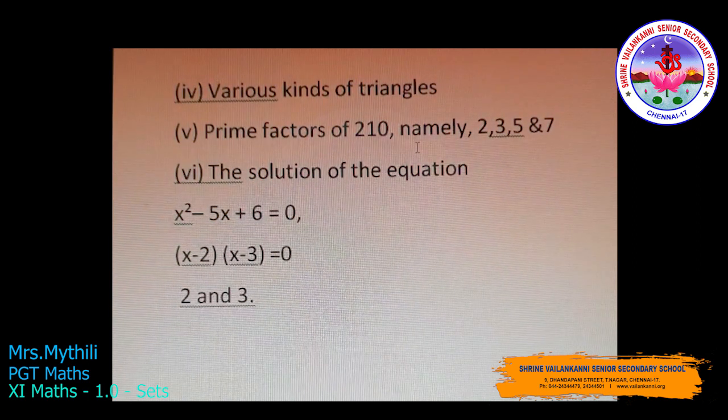And the next example is the solution of the quadratic equation x square minus 5x plus 6 equal to 0. So factorizing this quadratic equation, we get (x minus 2) into (x minus 3) equal to 0. Then the elements are 2 and 3. So the solutions of the quadratic equation are 2 and 3, which is a well-defined collection of objects.